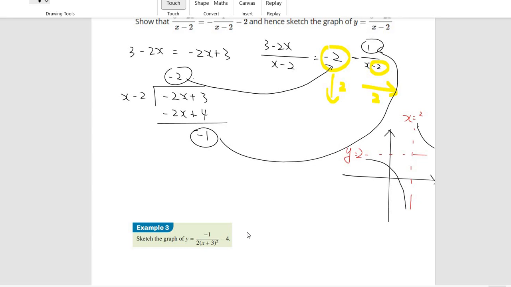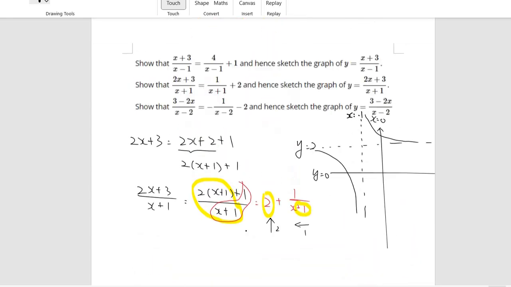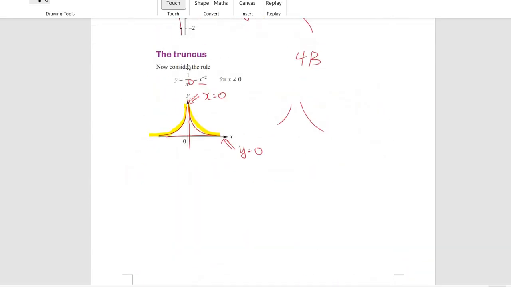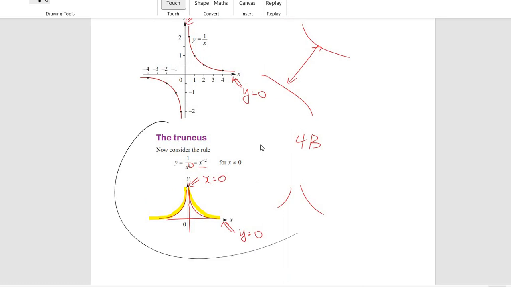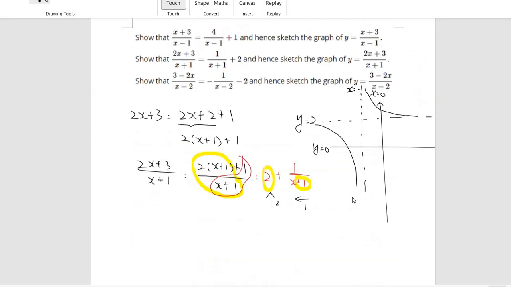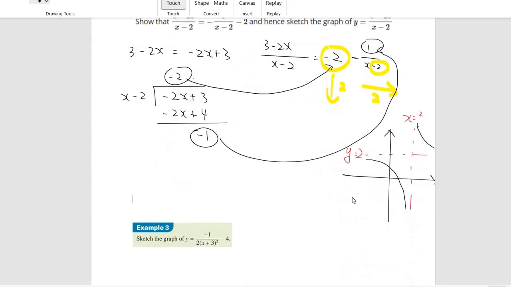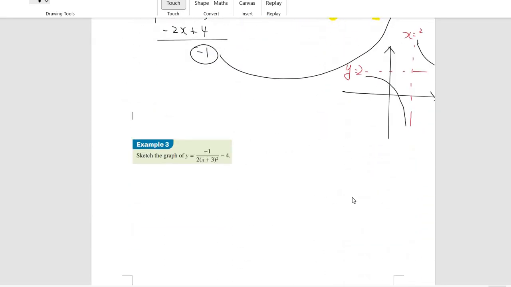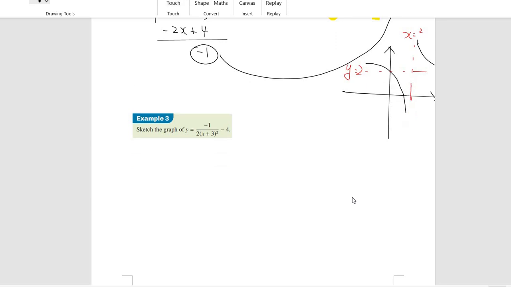In 4b, remember the truncus we talked about previously looks like this, right? So that was the truncus. We are going to use this graph to go through example 3 together. For example 3, we also have a mechanical way to solve this question.